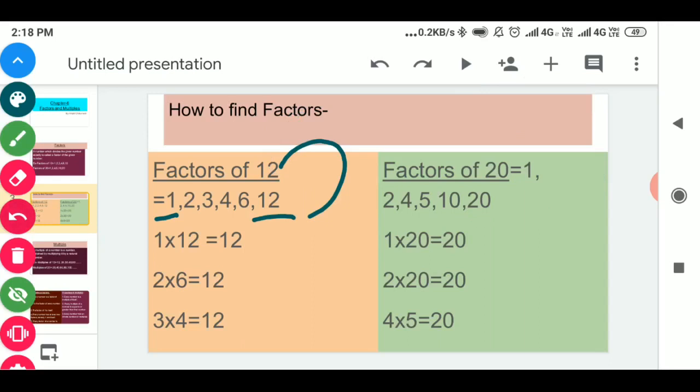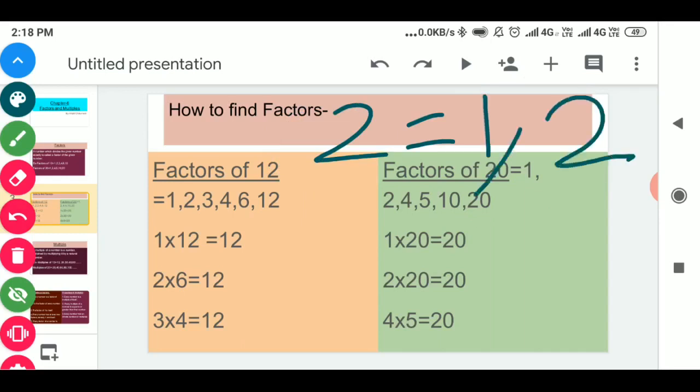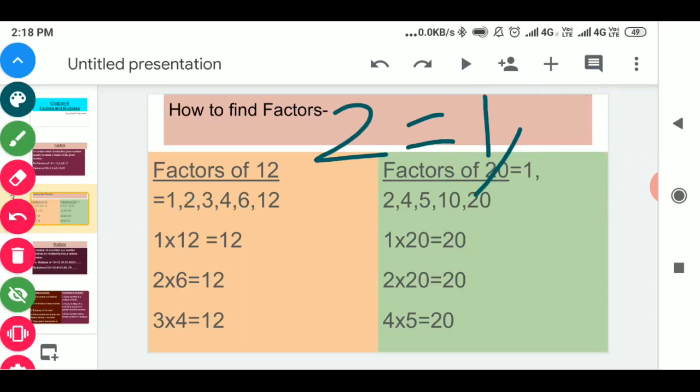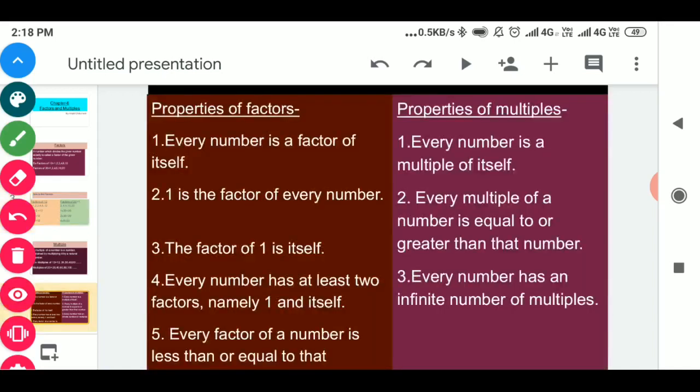If I talk about factors of 2, 1 can divide 2 and 2 can divide 2. No other number can divide 2. So these two numbers will be the factors of 2. So you can see that the number 1 and the number itself will be factors of every number. So you can find at least 2 factors, that is 1 and itself.